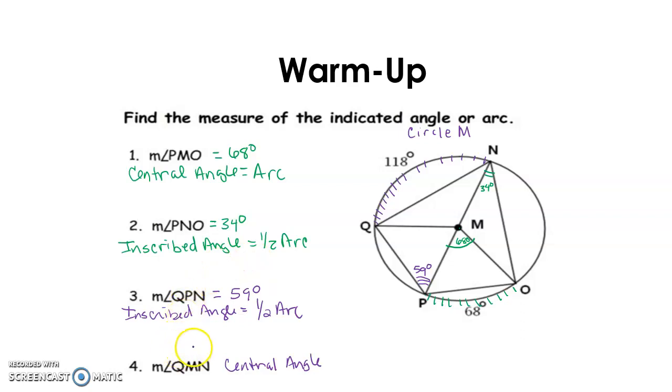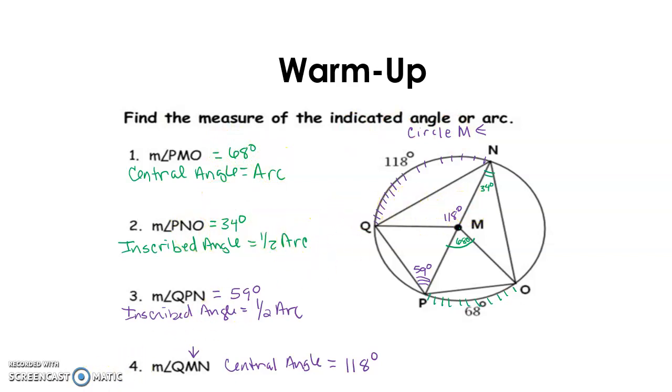So when I see that the vertex of my angle matches the name of my circle, I know it's a central angle and it's going to equal the degrees of the arc that it captures. So that one is 118 degrees. So QMN is 118 degrees. Now, based on these angles and arcs, we know that central equals the arc and inscribed is half the arc.